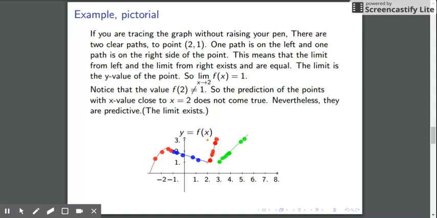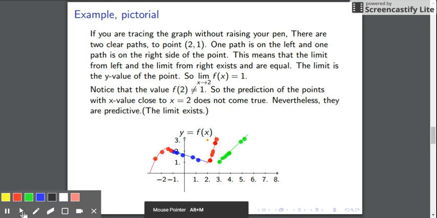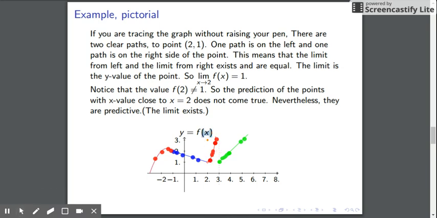Have it in mind that you could be tracing the graph the entire time but not arrive at any point. That's like the one example right here, where you could trace it but not arrive anywhere.